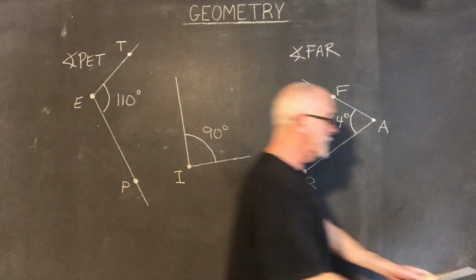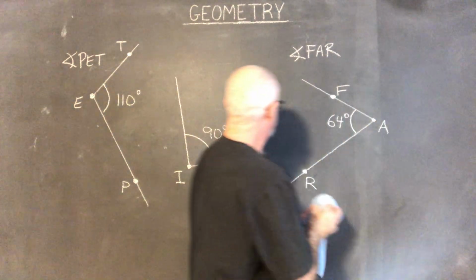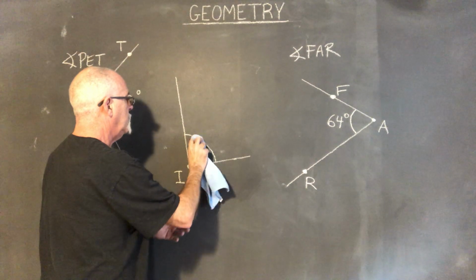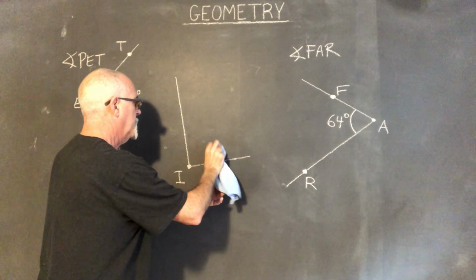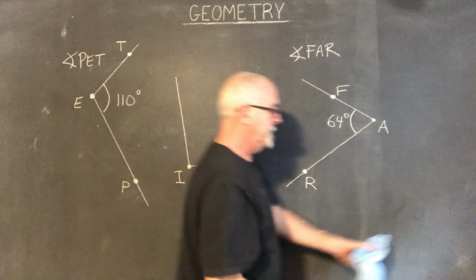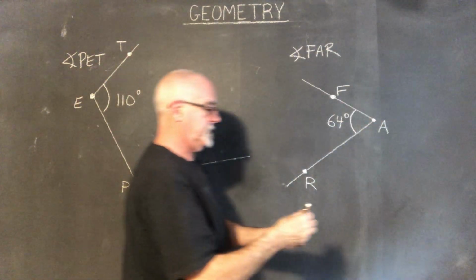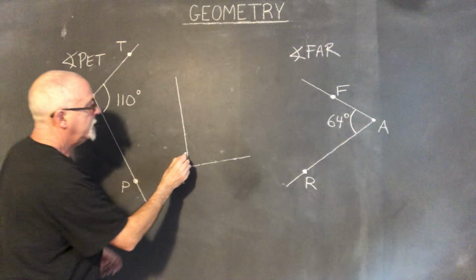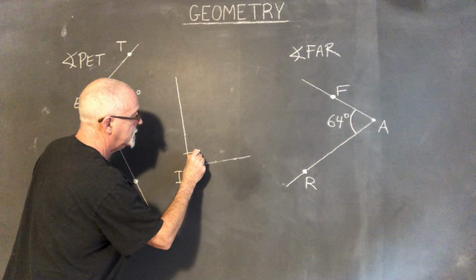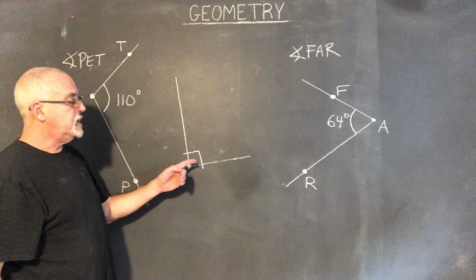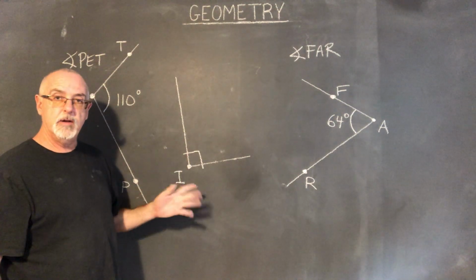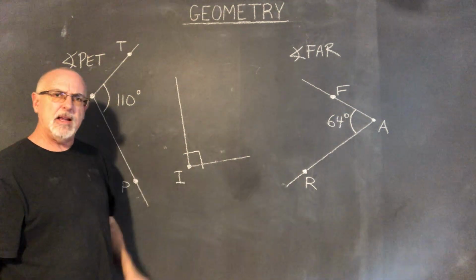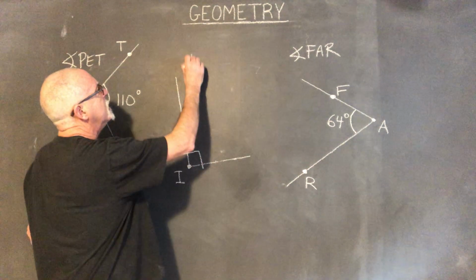But what I could also do is label it with a little square. More chalk, please. So I can put this little square into the corner, and that is another way of saying this is a 90-degree angle.